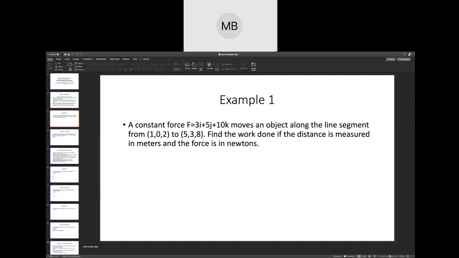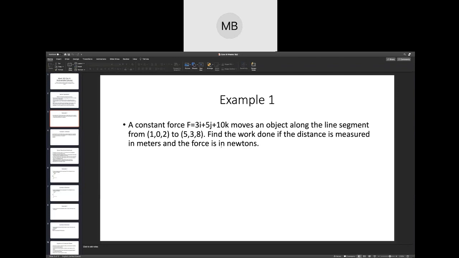So here we can see a constant force F moves an object along the line segment from 1, 0, 2 to 5, 3, 8. Find the work done if the distance is measured in meters and the force is in newtons.